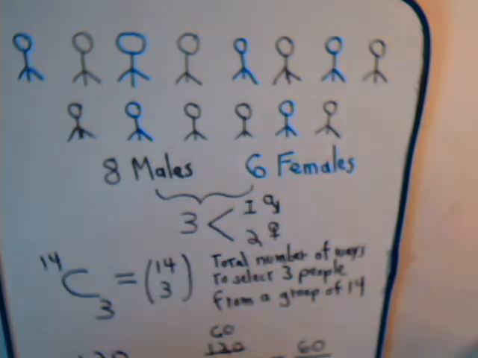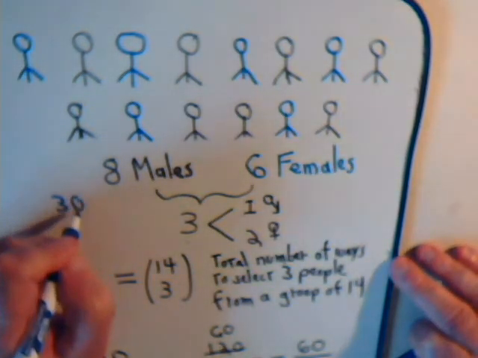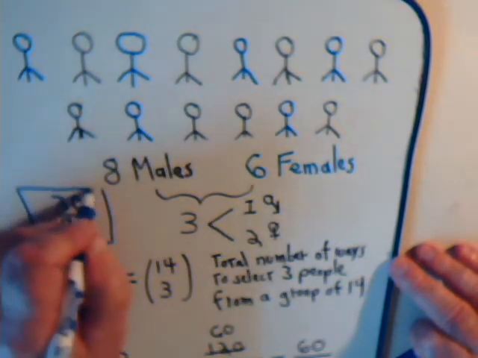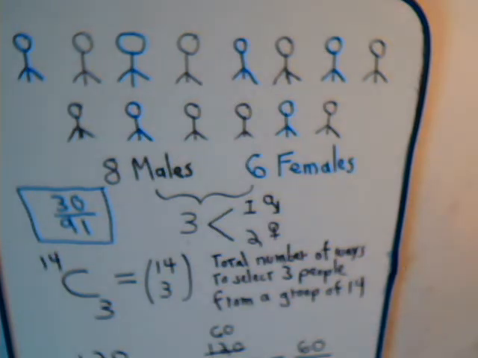The probability of that happening is 30 over 91, or very close to 1/3. So there's our answer. I hope it wasn't too long and too tedious. We're trying to point out some of the logic involved when solving these problems. But anyway, this is our first probability solving video.